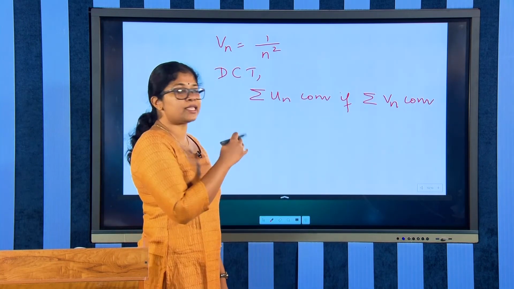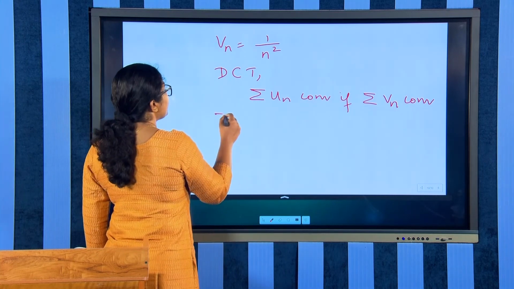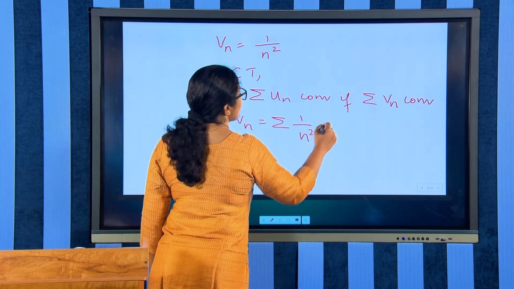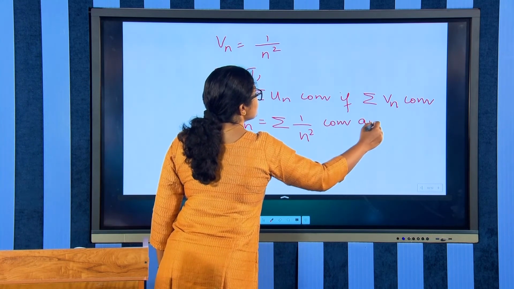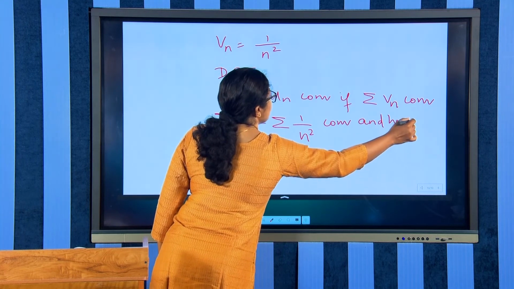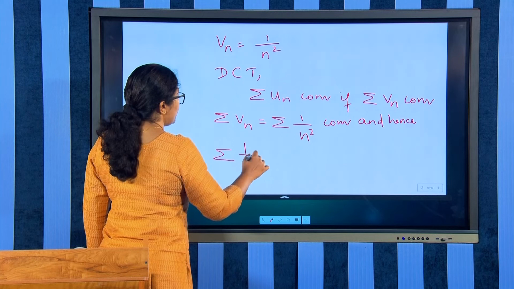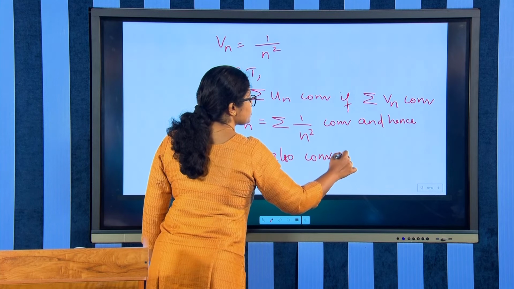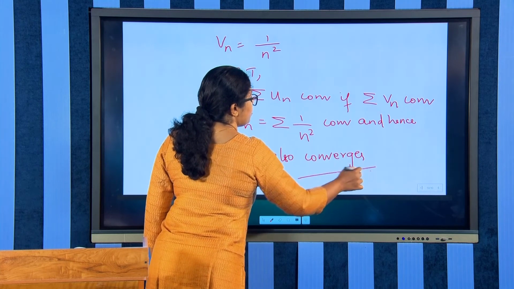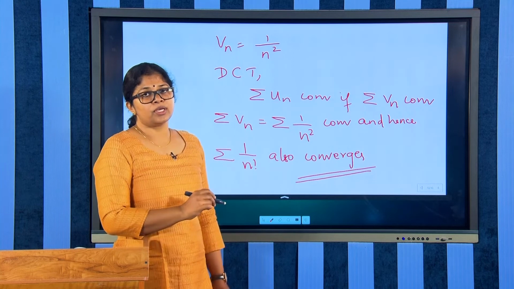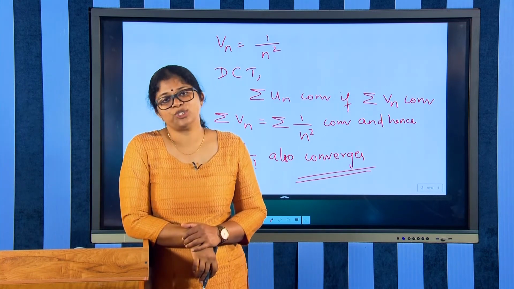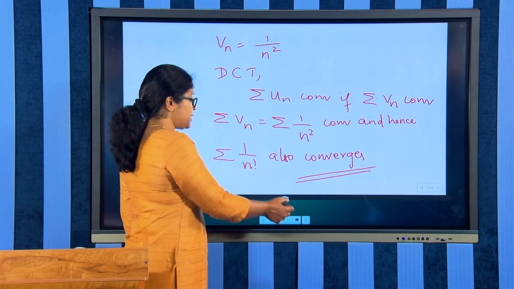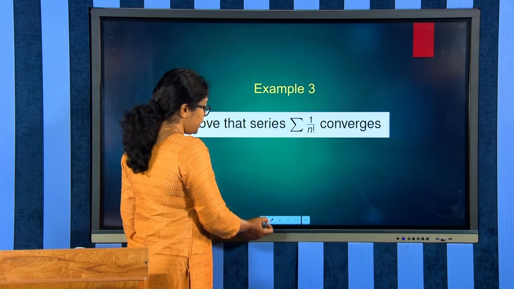If the larger series converges, then the smaller series also converges, and here sigma Vn is equal to summation 1 upon n square converges, and hence the given series summation 1 upon n factorial also converges by direct comparison test. So, we can apply direct comparison test to show that summation 1 upon n factorial converges. So, that completes the proof of the third problem.